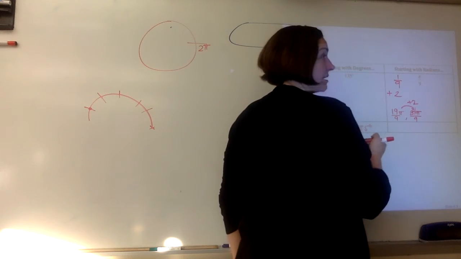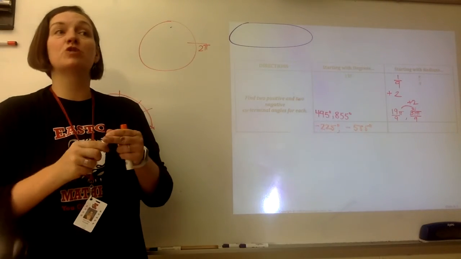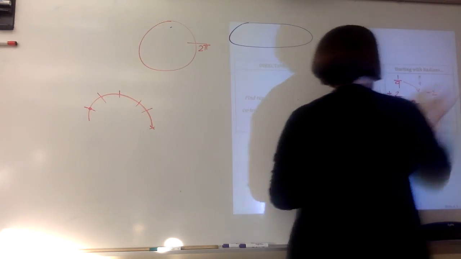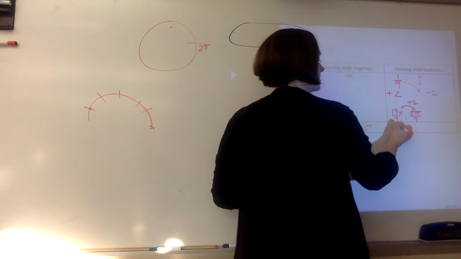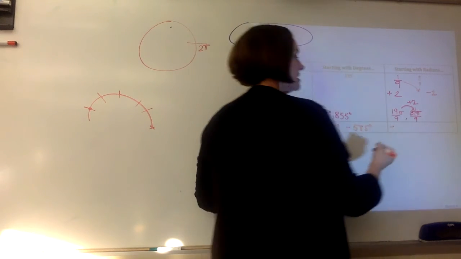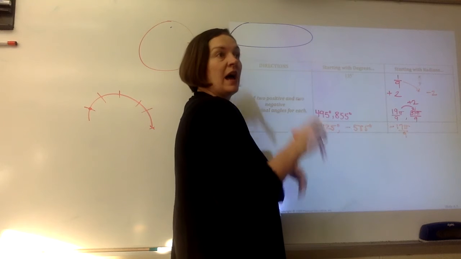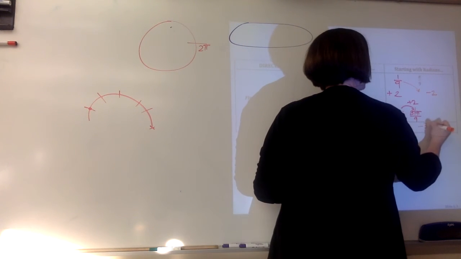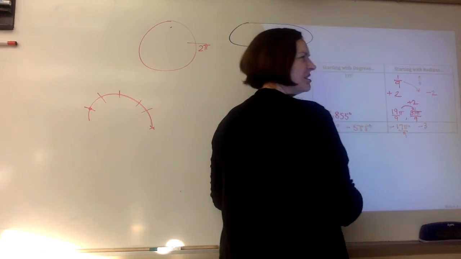Well, now we're going to subtract. So here's our 2 positives. So now we're going to take 1/9 and we're going to subtract 2. What do I get? Negative 17 pi over 9. Take negative 17 pi over 9 minus 2 is negative 35.